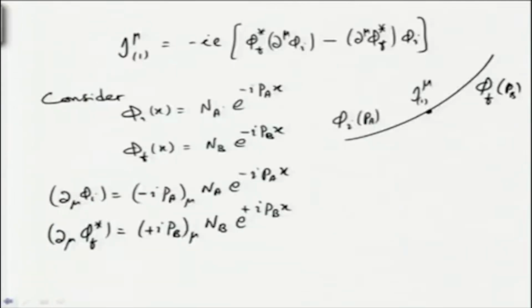Putting this together, J1 mu is equal to minus i e [phi_f star dou mu phi_i minus dou mu phi_f star phi_i]. So, dou mu phi_i is actually equal to minus i p_a phi_i, and dou mu phi_f star is plus i p_b phi_f star.